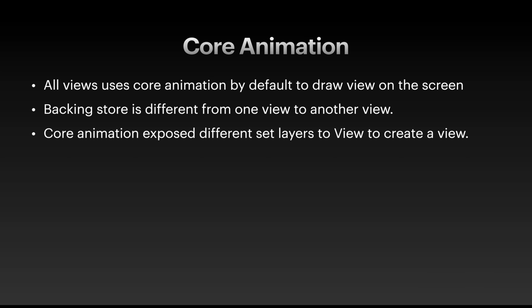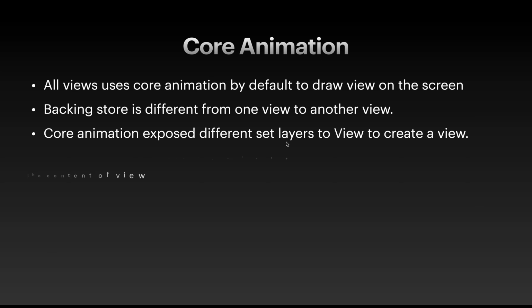When a property of a view changes, Core Animation communicates to the graphic hardware. It defines a set of layers for a view, and we can make use of those layers so that we can get fine-grained control over the graphic hardware animation process.